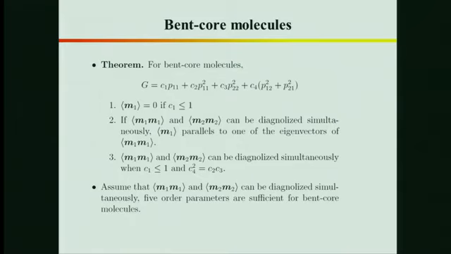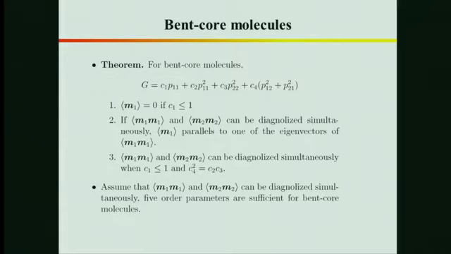It means M1 is parallel to one of the eigenvectors. In that case we have five parameters. Maybe some of them are 0. It could be reduced, but so far I cannot prove that. Physically, maybe just two of them are important. Maybe three of them are important here, because this case includes the biaxial case.